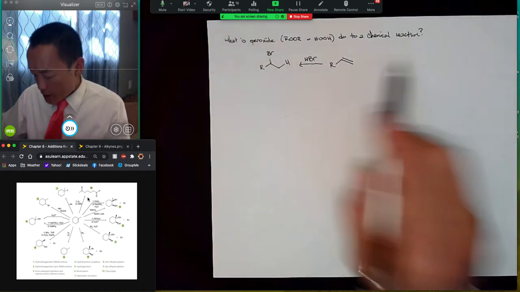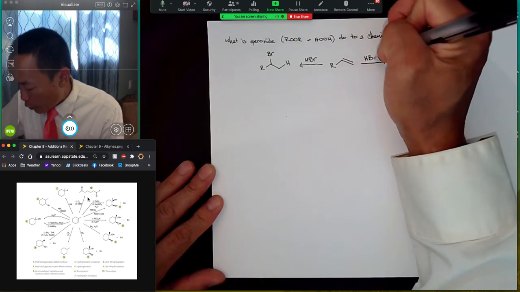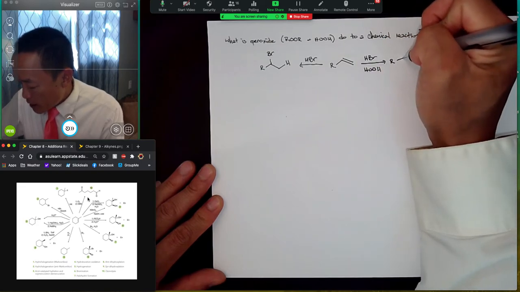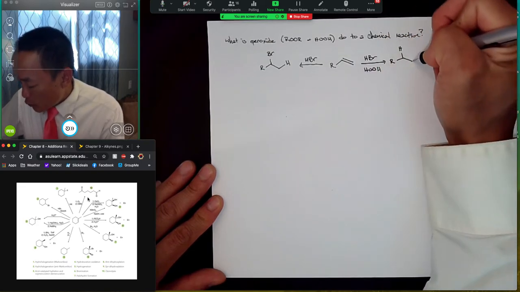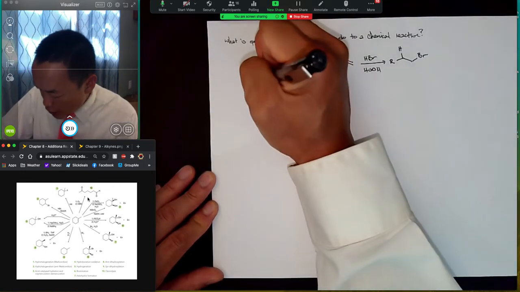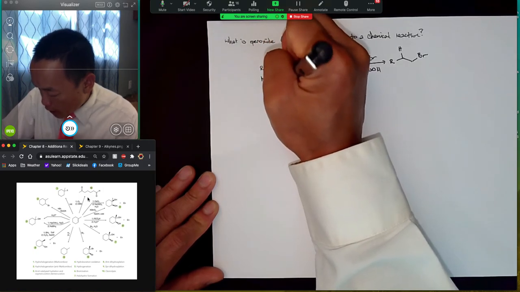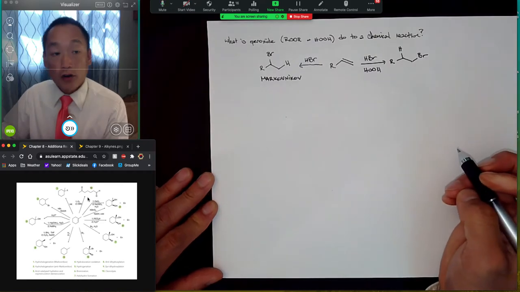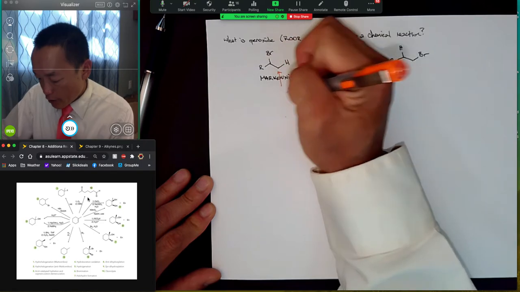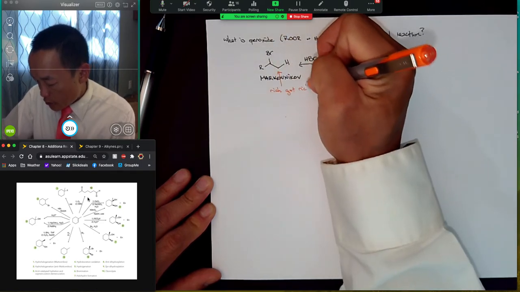And so what I'm going to suggest is that in the presence of peroxides, a completely different regiochemical product is obtained. Here we have Markovnikov addition, where the rich got richer.